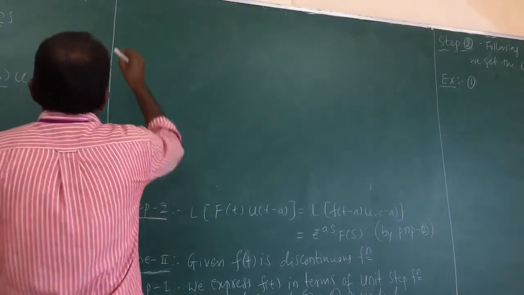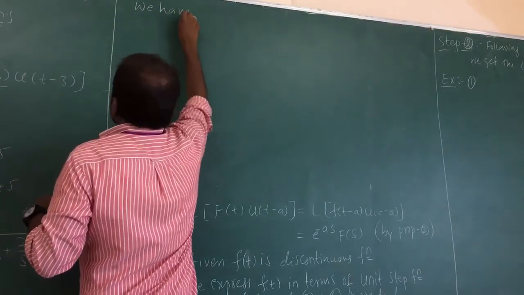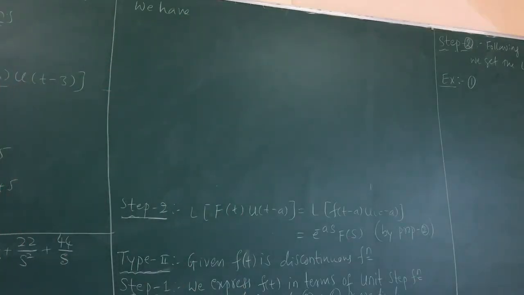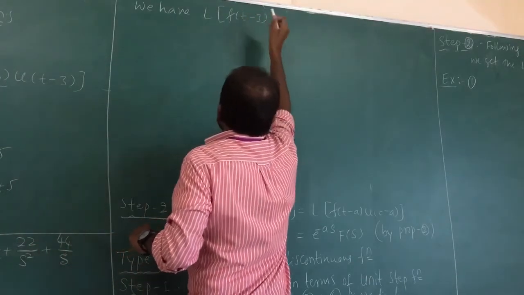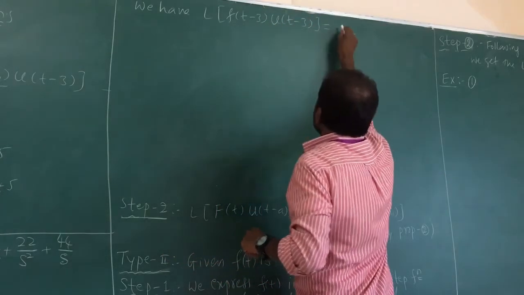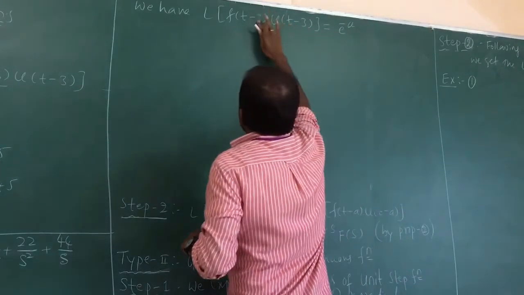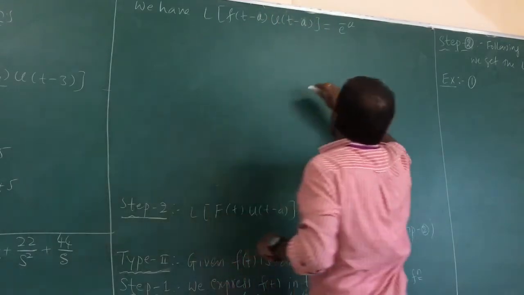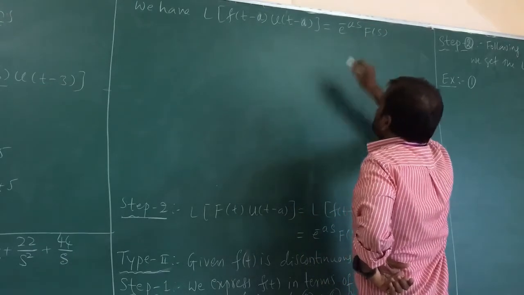Now we have certain properties. From the property, L of f of t minus 3 into u of t minus 3 is equal to e raised to minus a s into f of s.